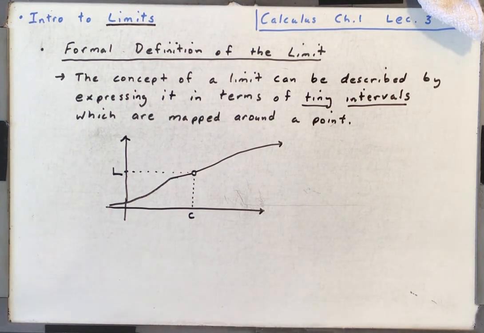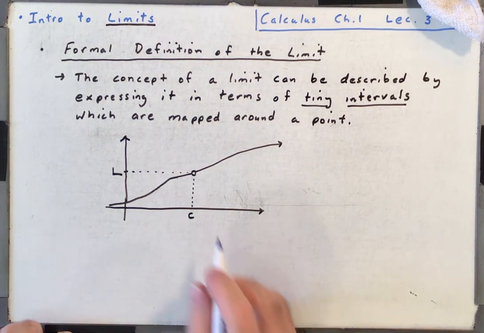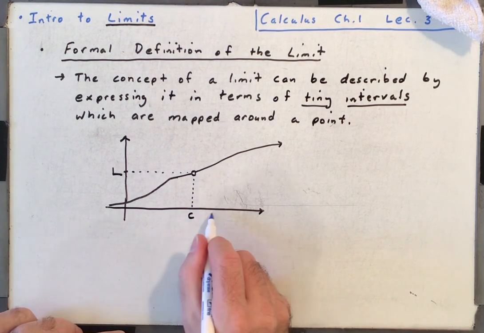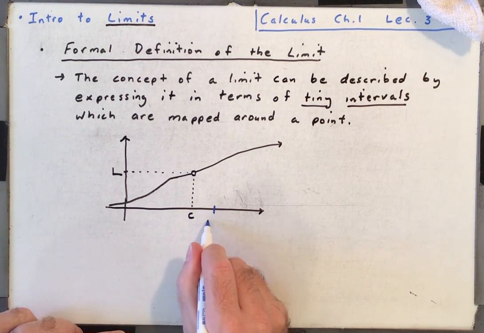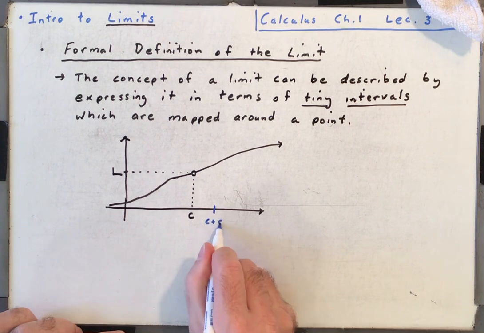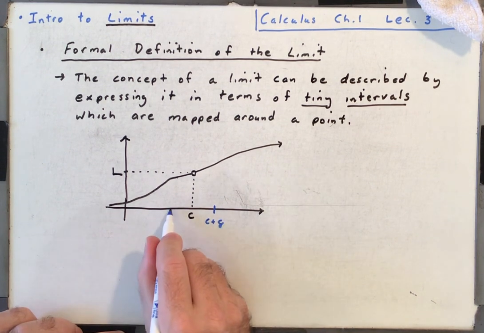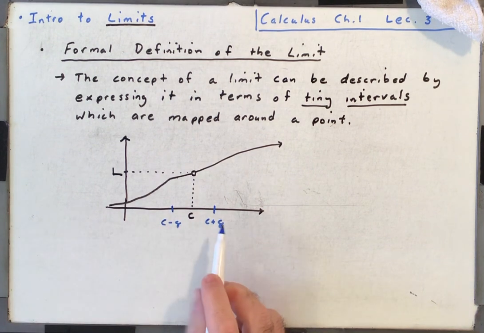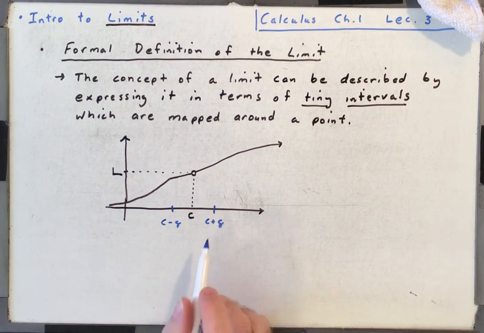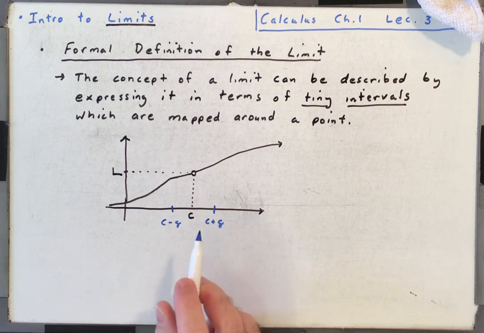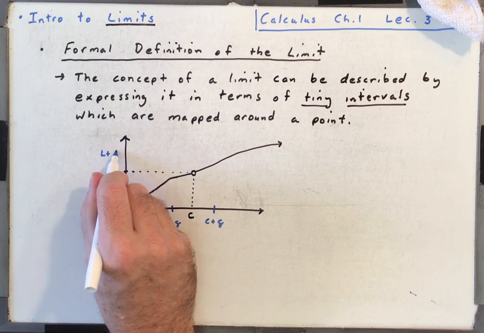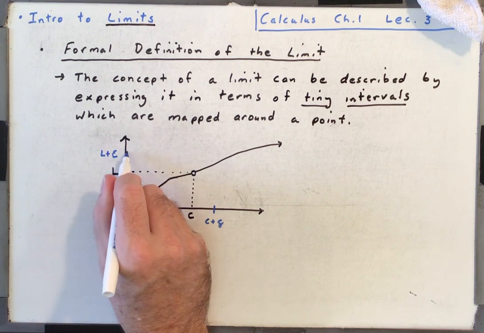All right, let me use a different color here. So I'm going to add on the x-axis delta. So let's say this point is c plus delta, and this point here is c minus delta. Now I'm having to draw it pretty big so you can see it, but delta is tiny. And this would be L plus epsilon, this point right here.